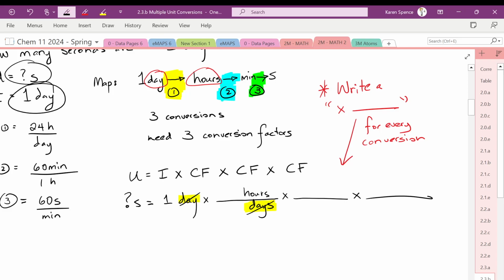All right, now I have hours, and I want to go from hours to minutes. So where do my hours have to go? Hours have to go on the bottom. And I want to find minutes, so minutes have to go on the top.